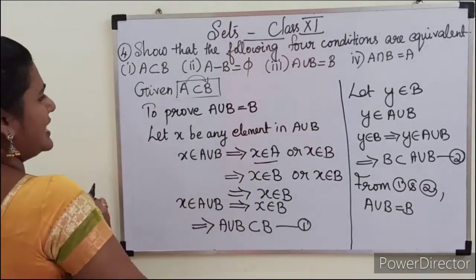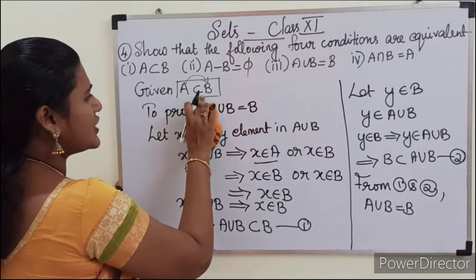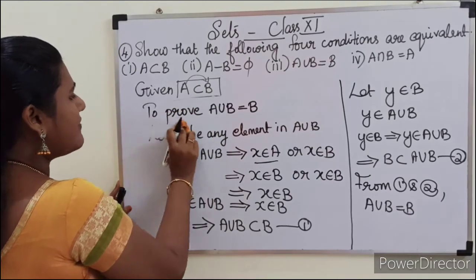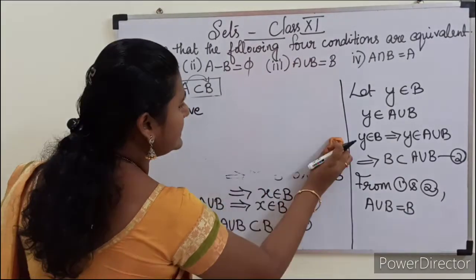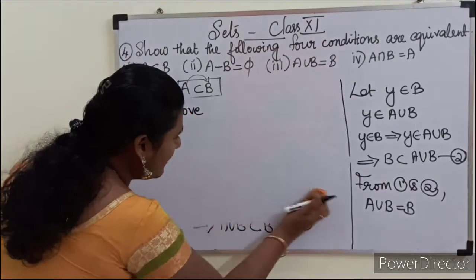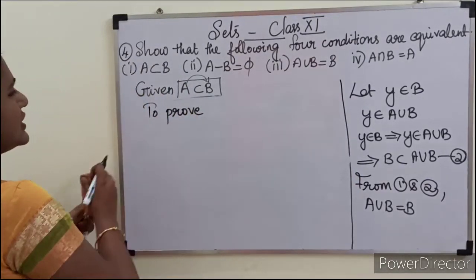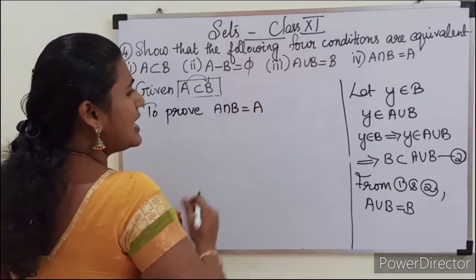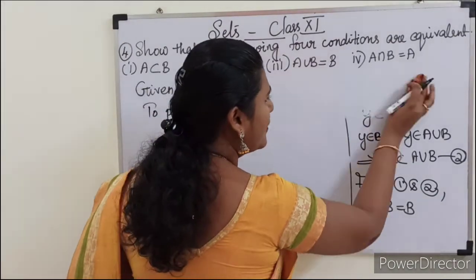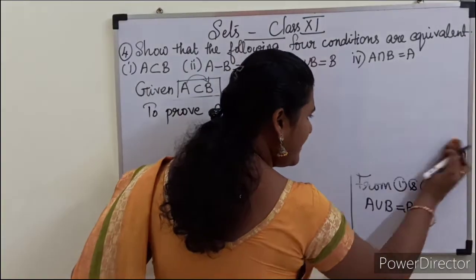The same condition, we are assuming the same condition, A is a subset of B, and we have to prove A intersection B is equal to A. Just like how we proved the previous case, the same way.